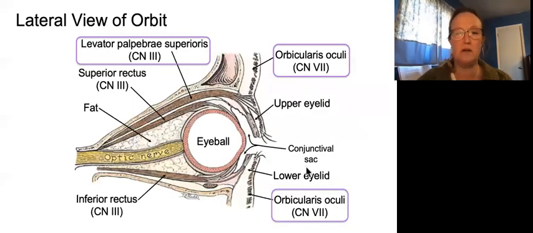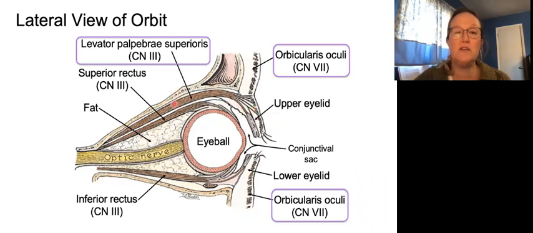So here's a picture of a lateral view of the orbit, a lateral section through the orbit. There's the eyeball, there's the optic nerve. Here are inferior and superior rectus muscles, okay? Right above that superior rectus, you see another long skinny muscle coming from that same area at the back of the orbit, and then it inserts on the inside of the upper eyelid here.